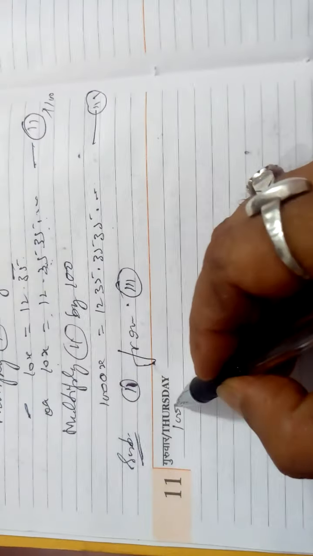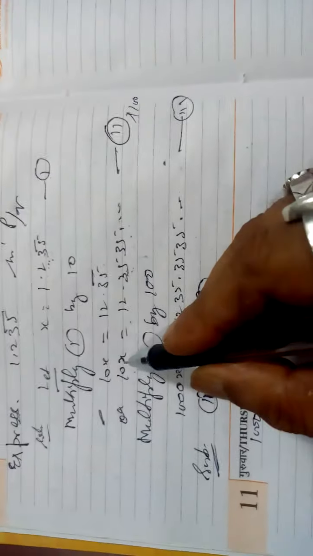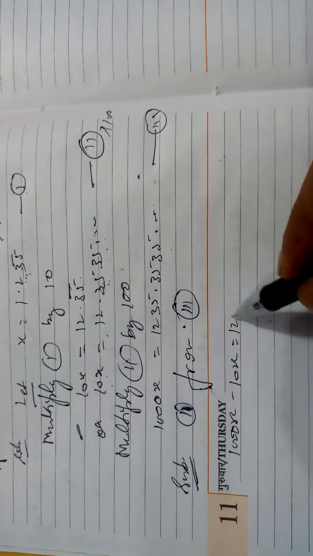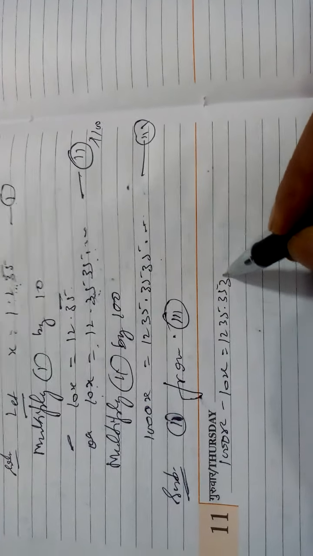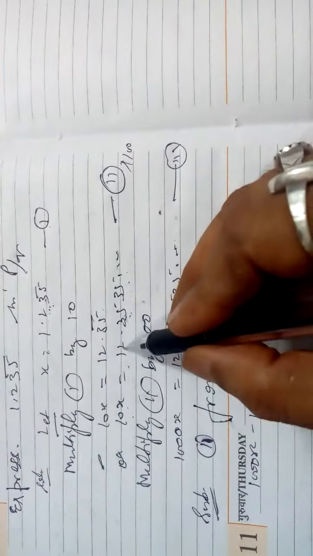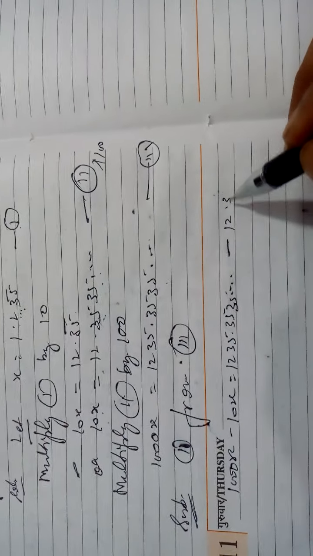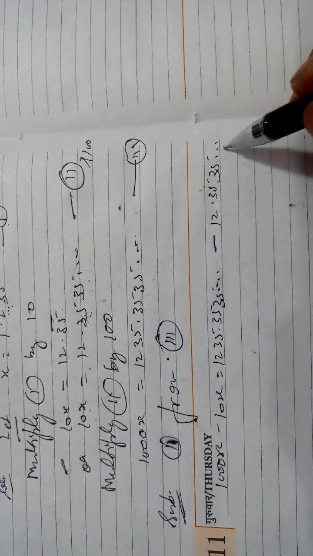The third is 1000x, so you will write 1000x minus 10x is equal to 1235.3535 bar minus what is in the second, 12.3535 bar. The bar is very important, otherwise it is rational.